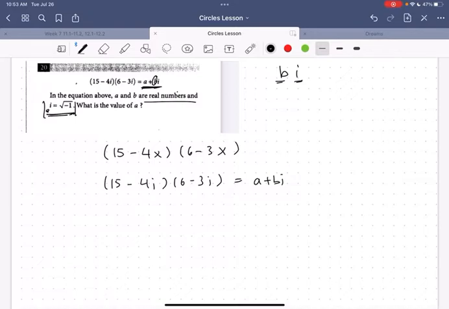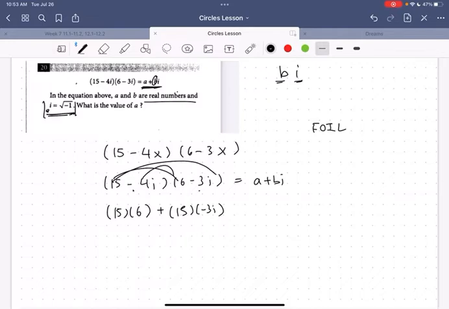We'll see. So how do we multiply two things like this? We're going to use the FOIL method that we covered in the previous video. So first, 15 times 6. Outer is 15 times -3i. Inner is -4i times 6.